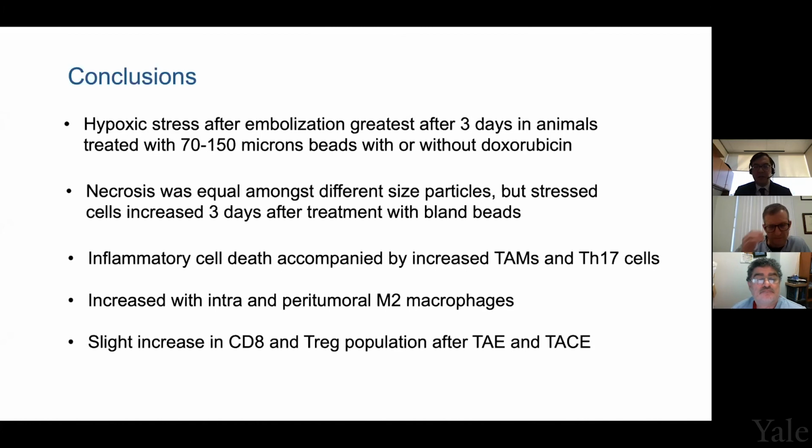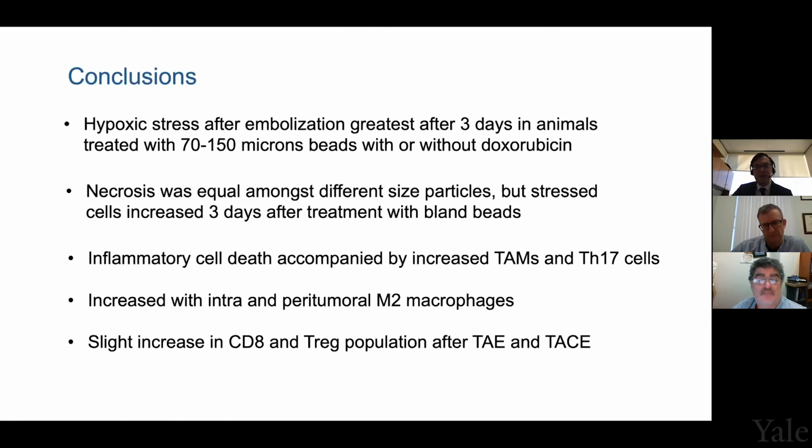Obviously there are several different types of rat tumor models, but the models that we used, both the rat and the VX2, do not really replicate that exuberant vascularity that you see in human HCC. And I think a little bit of the limitation of the preclinical research resides there.